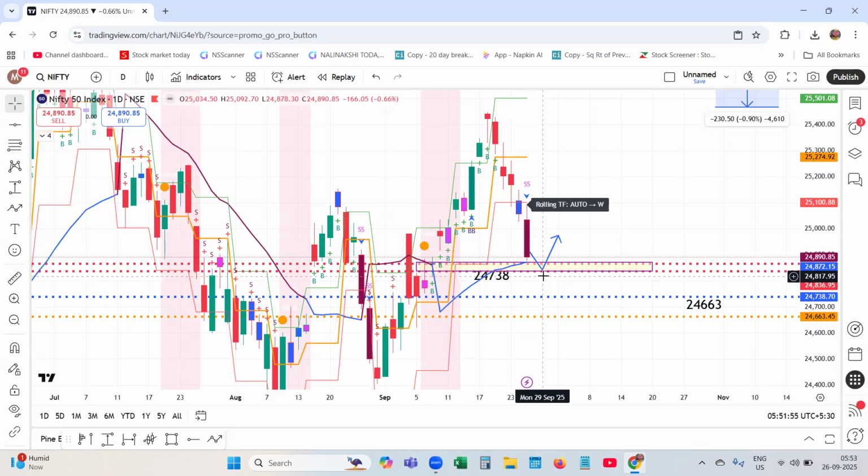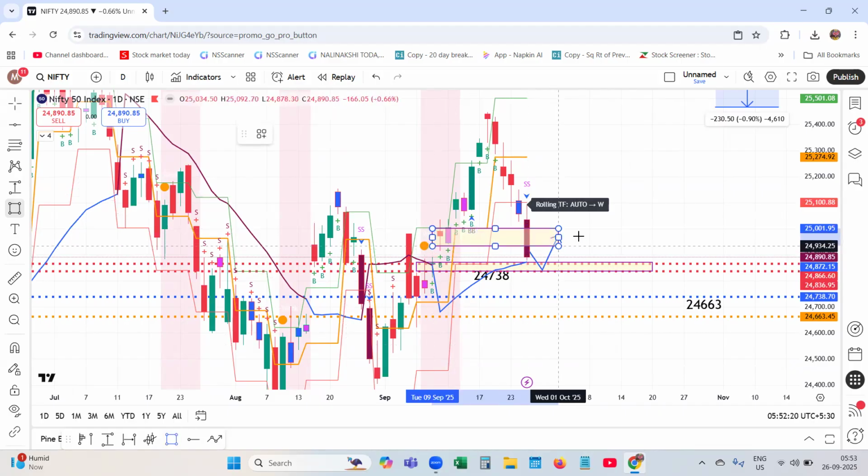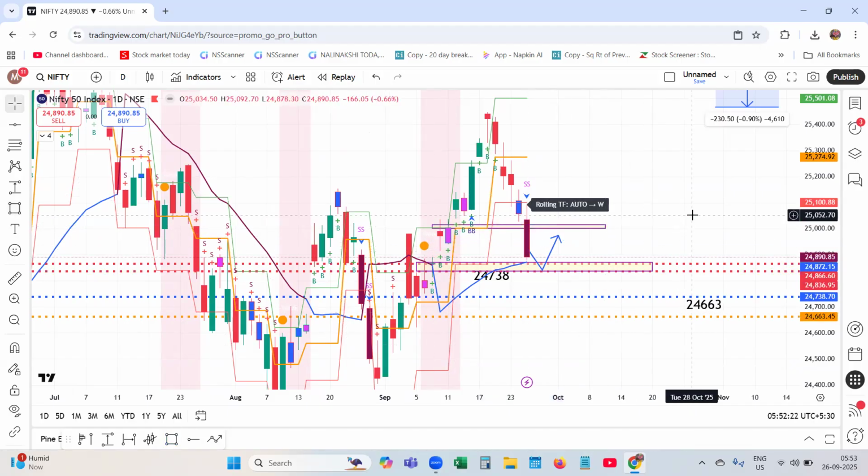And if it dips down to this level, the close is 24,890, 24,872 to 24,866, another 30 points gap down and a reversal. On an intraday basis, it can bounce to this level, that is 25,020.